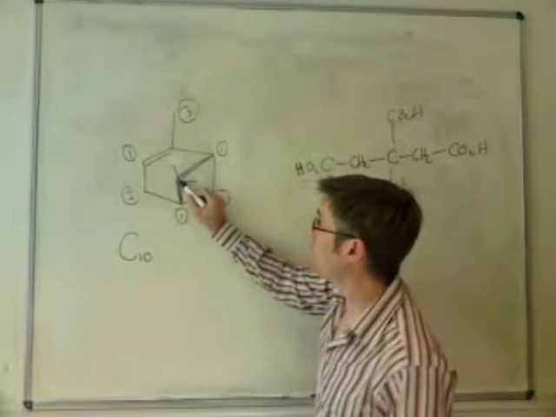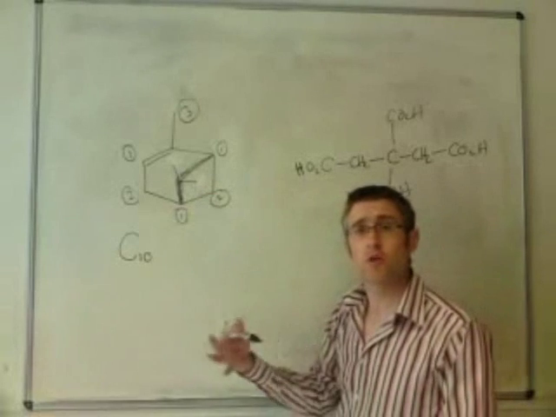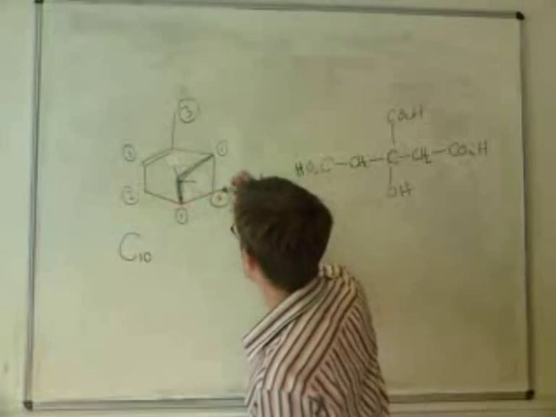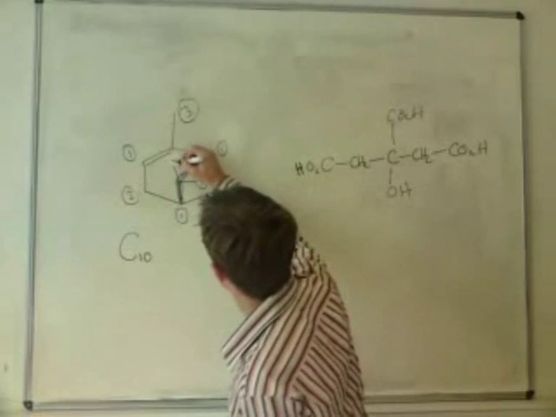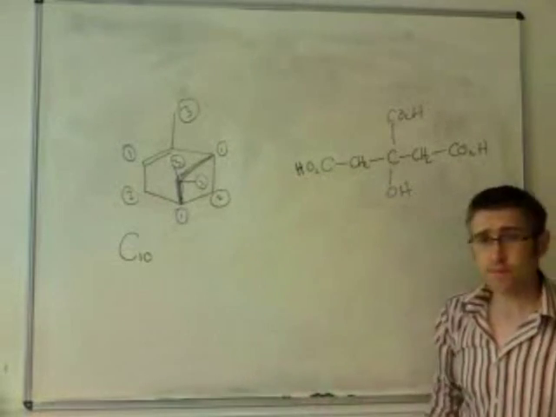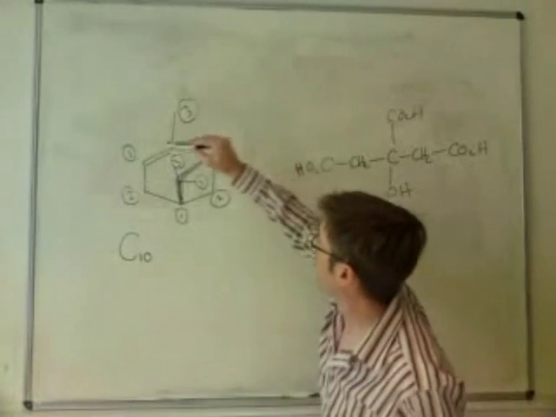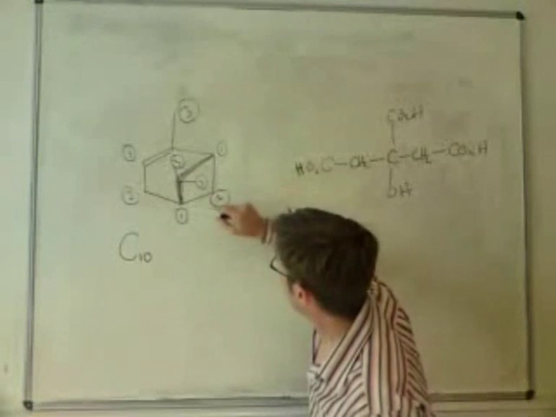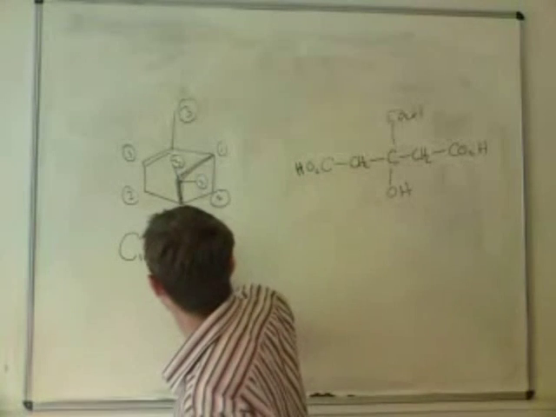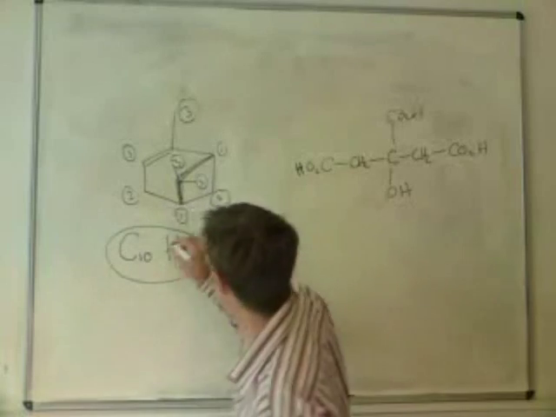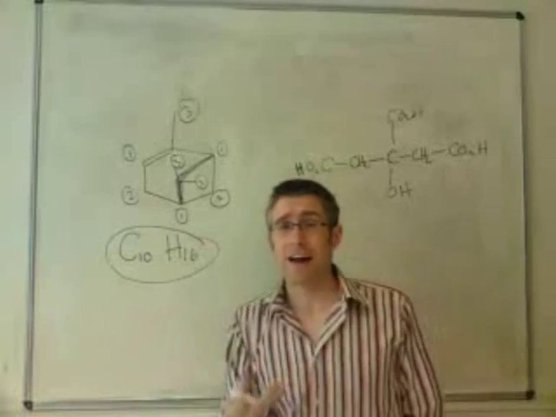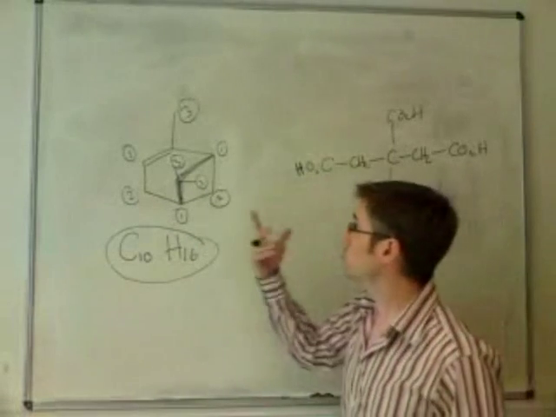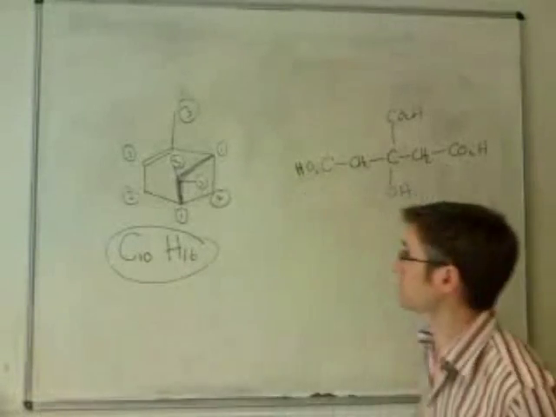If we come to this carbon, it has 4 bonds, so no hydrogens. These 2 groups are CH3s, so we have 3 on each. That gives us 3, 4, 5, 8, 11, 13, 14, 16. C10H16 is the molecular formula of alpha-pinene that gives these juniper berries their fragrance.